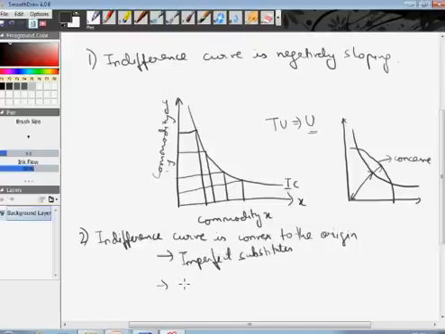The second reason, which we have already explained, is that the marginal rate of substitution of the two commodities goes on diminishing. We have already learned why the marginal rate of substitution diminishes. So that is why the indifference curve is convex to the origin.